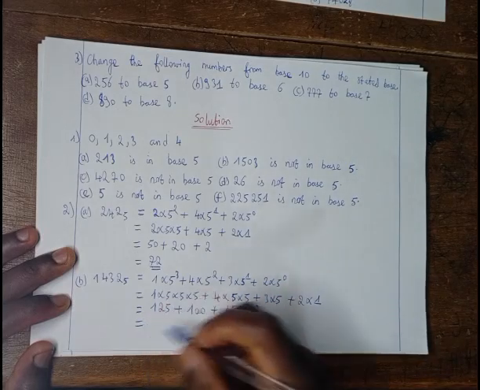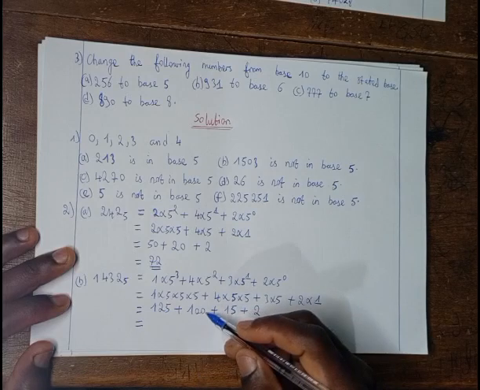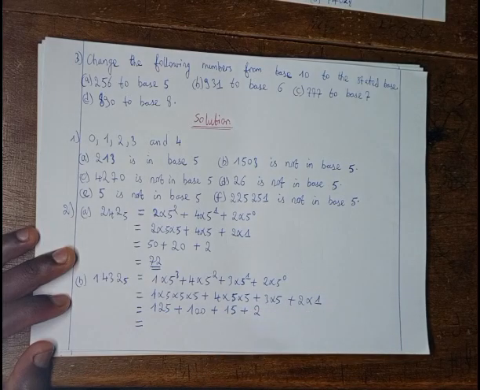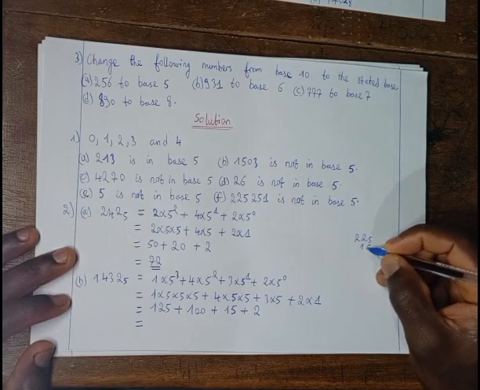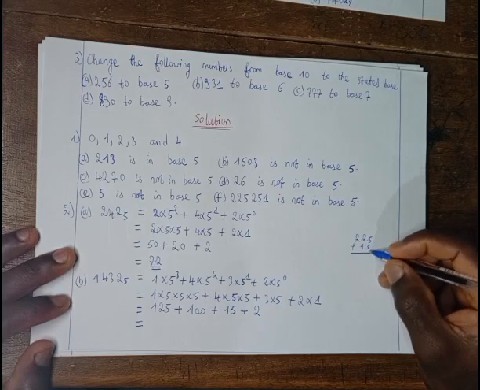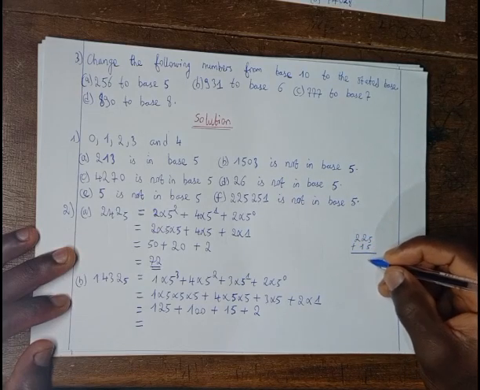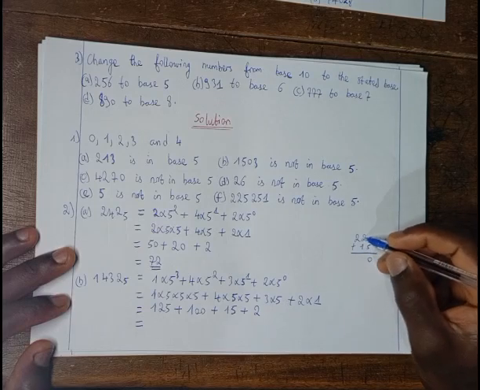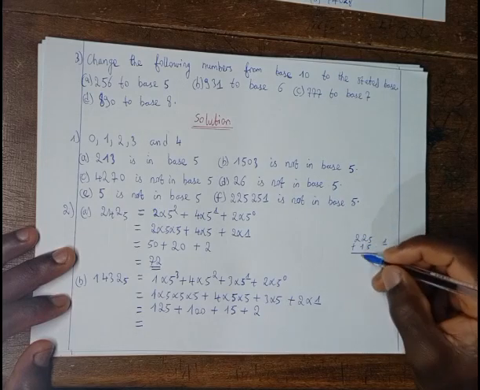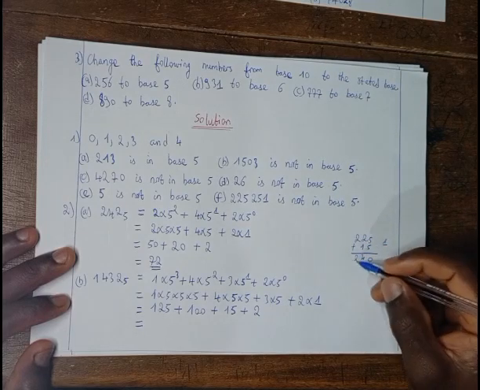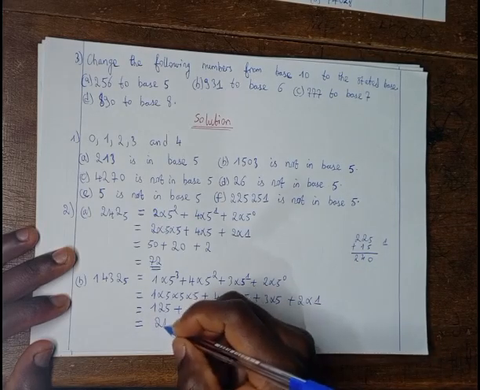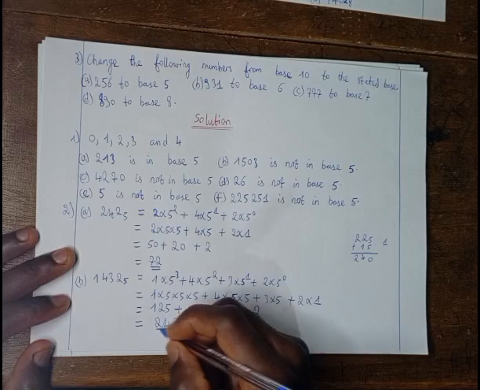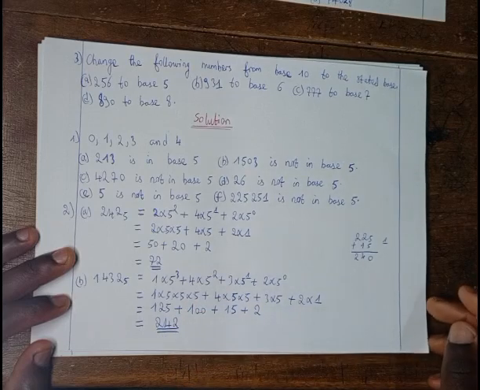Next we have to add. 125 plus 100 gives us 225. 225 plus 15 gives us 240. 240 plus 2 gives us 242 in base 10.